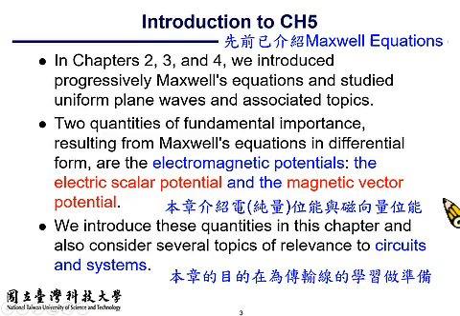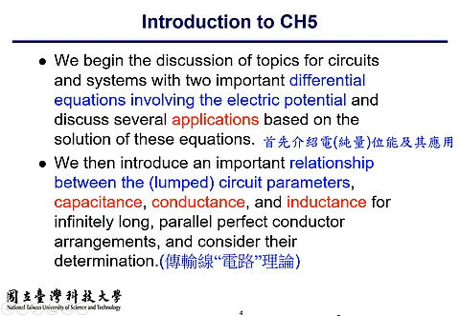Alright, and the very last entry says that we are preparing for the discussion of transmission line. So we will first introduce the electrical scalar potential and function, and then we will try to describe the transmission line theory, which is in contrast to the so-called lumped circuit theory, which is based on capacitance, conductance, and inductance.